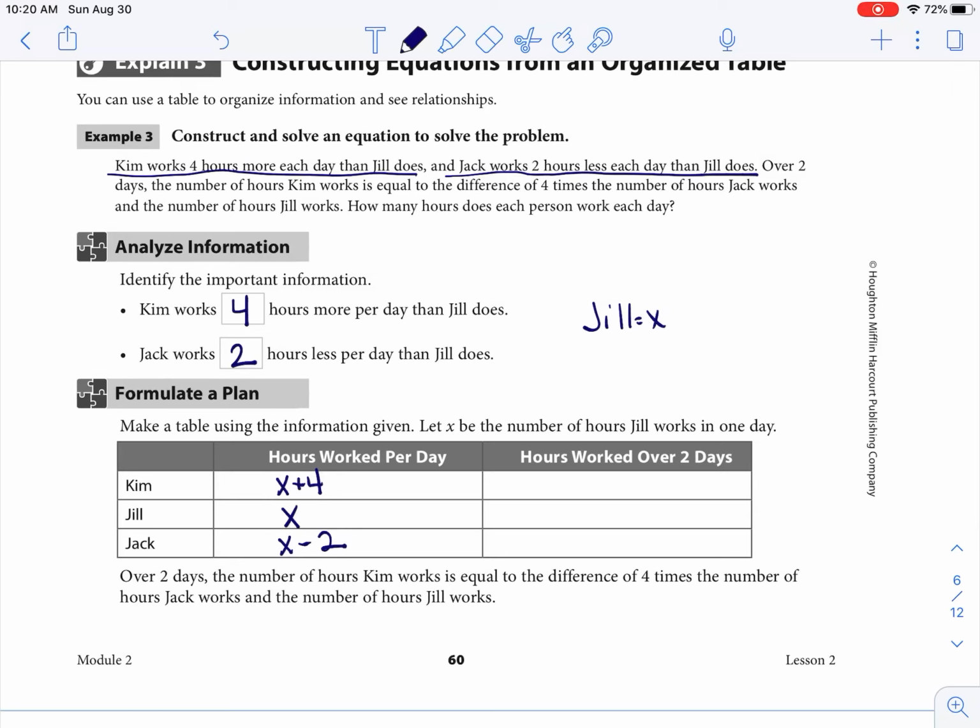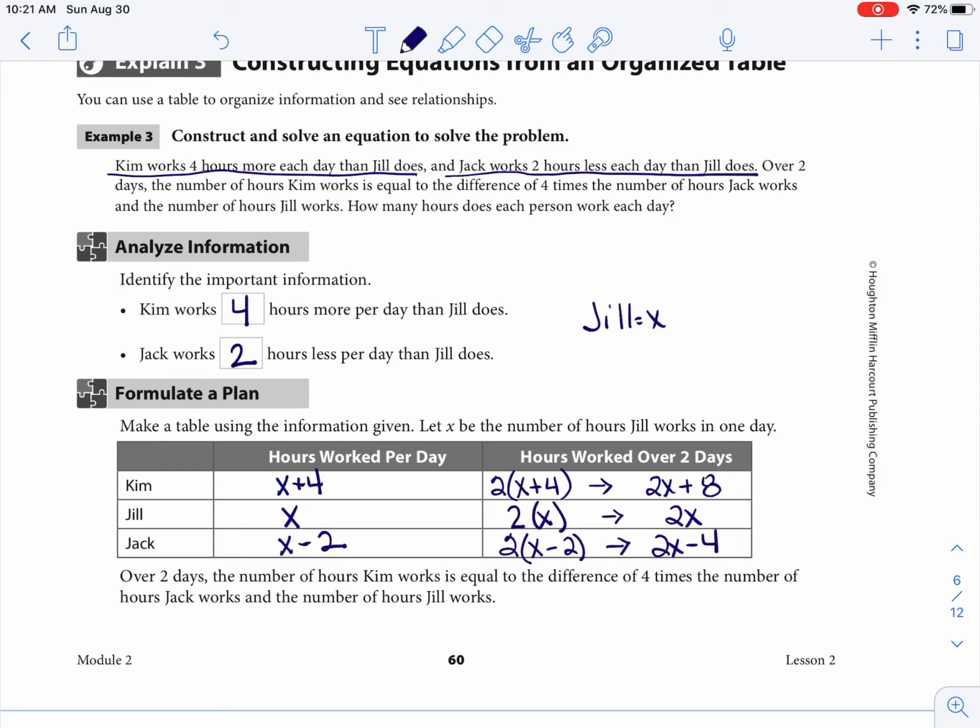If Jill's working X hours, then in 2 days, she's going to work 2 times X. We can just call that 2X. Kim is going to work 2 times X plus 4, but we could call that 2X plus 8 if we distribute. And Jack is going to work 2 times X minus 2, which we could call 2X minus 4.